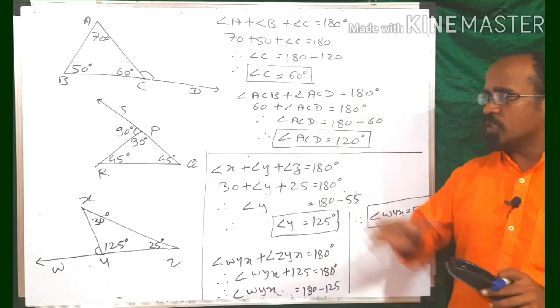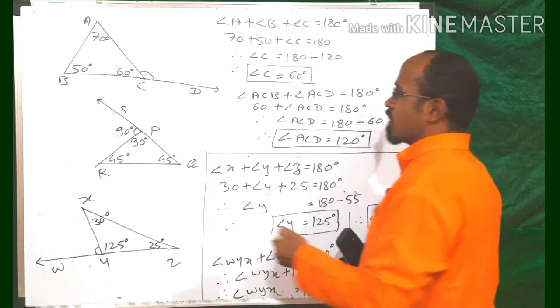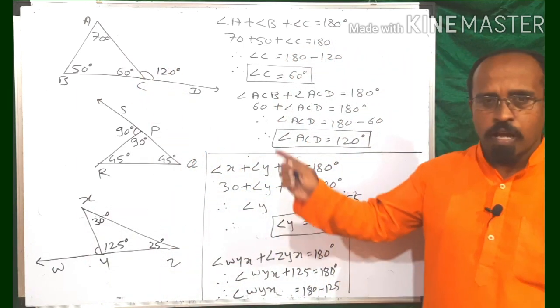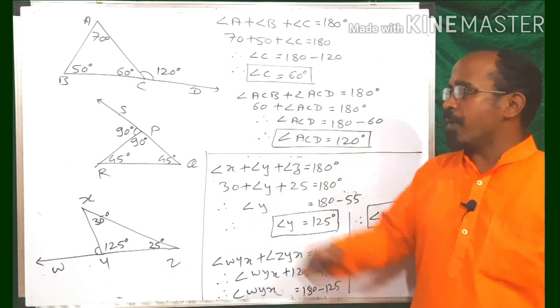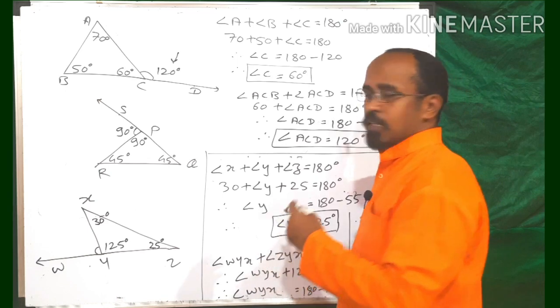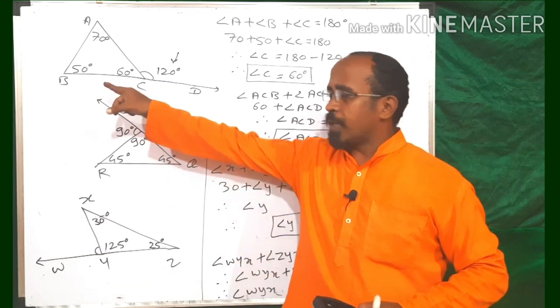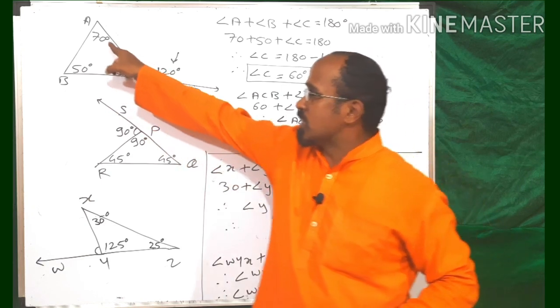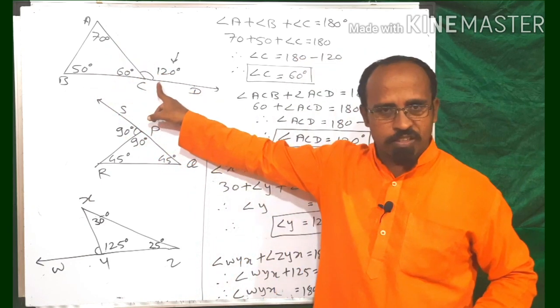Now students, just have a look at the given angles, the exterior angles, and try to understand, is there any pattern between this exterior angle and the angles of the triangle which are not adjacent to it. See, these two angles are not adjacent to the exterior angle.